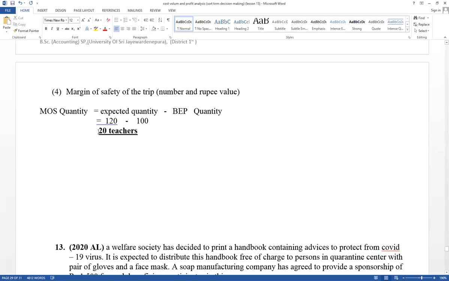There is also the margin of safety value, the rupee value. Therefore, margin of safety value can be calculated as quantity times selling price. Next, the margin of safety value equals margin of safety quantity times selling price.